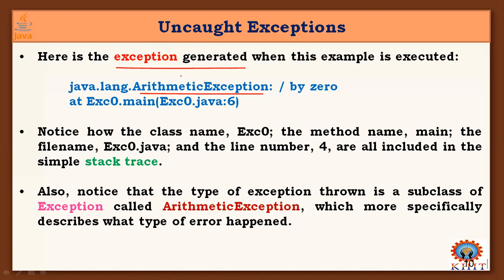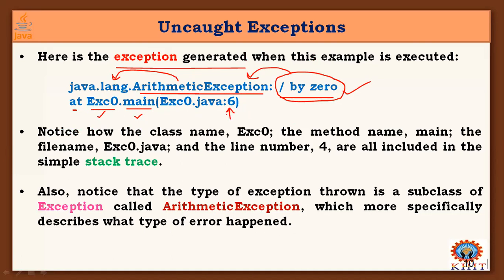java.lang.ArithmeticException. This is the class provided in this package related to this divide by zero error. And this error is a type of arithmetic exception, a runtime error. And where it occurs: in Exception0, that is the class name, inside the main function, at line 6.